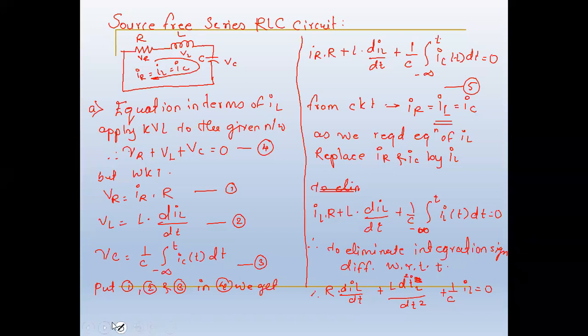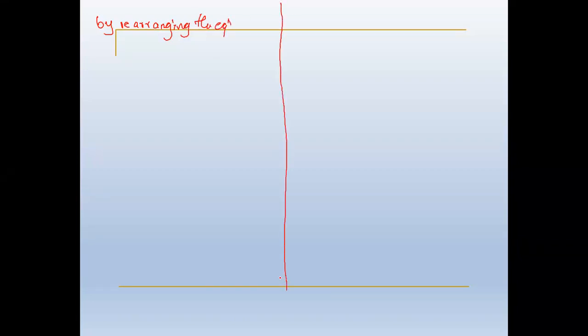Now, by rearranging the equation, we get L into d square IL by dt square plus R into dIL by dt plus 1 by C into IL, which is equal to 0.